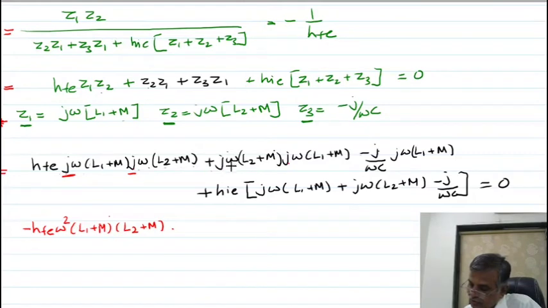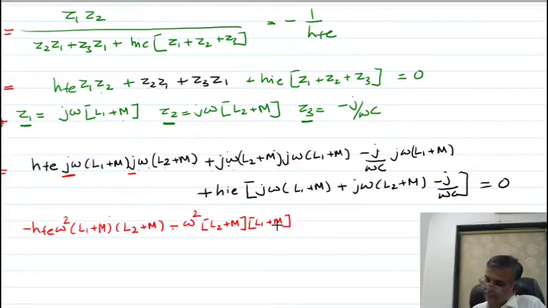j into j, this is your Z2 Z1. So here Z2 is jω(L2 + M), so I can write minus ω² into (L2 + M) into (L1 + M). Now j into j square, j into j square minus 1, minus becomes plus.